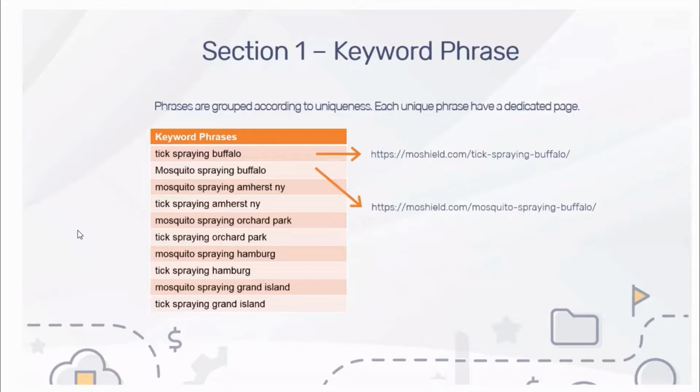So for example, in this slide, we see tick spraying in Buffalo would be moshield.com/tick spraying Buffalo. And mosquito spraying Buffalo would be moshield.com/mosquito spraying Buffalo. Instead of having, for example, moshield.com/spraying and having both tick spray and mosquito spray on that page.